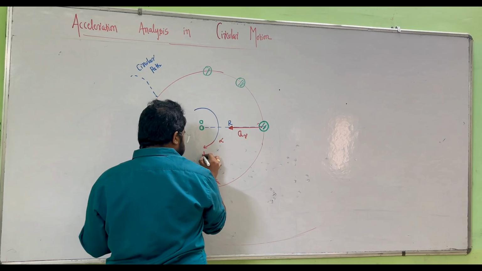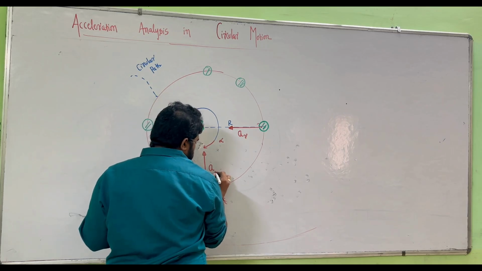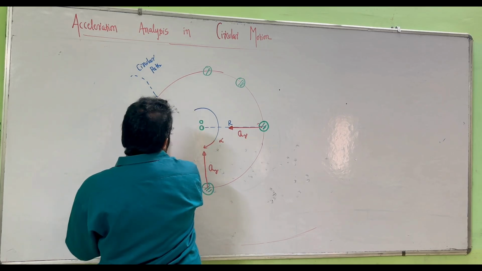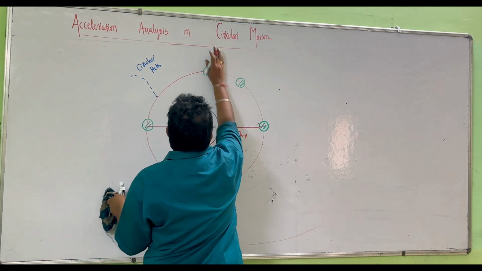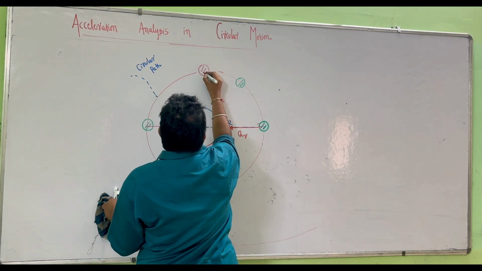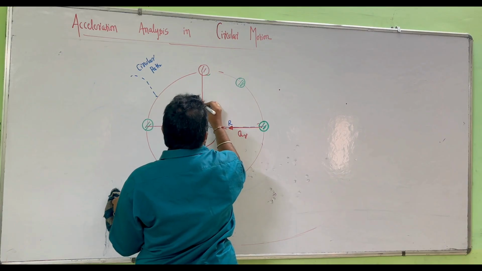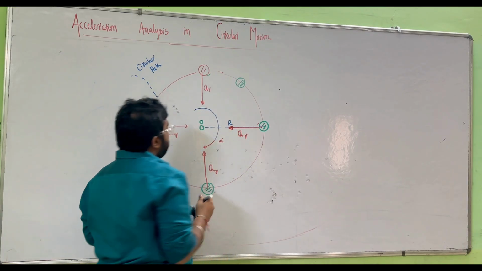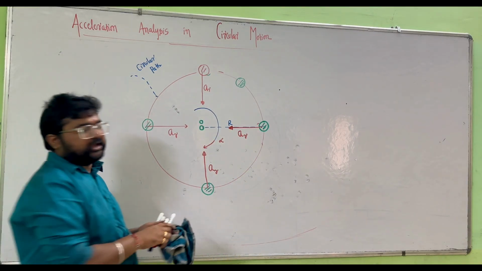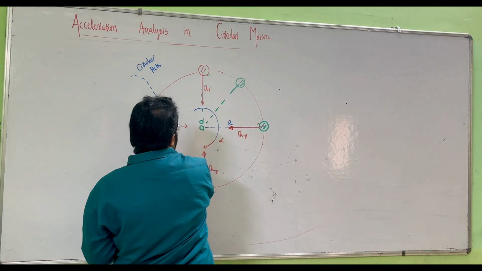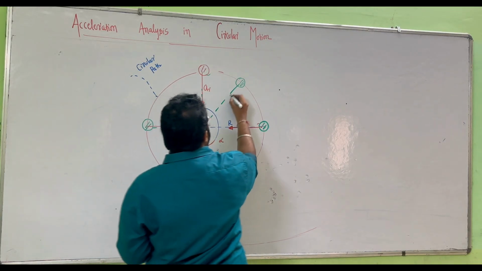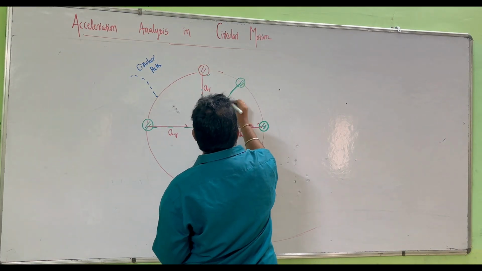Radial acceleration is always directed toward the center of rotation of the circular path. We already did this part in acceleration analysis in rolling. This is the center of the circular path.